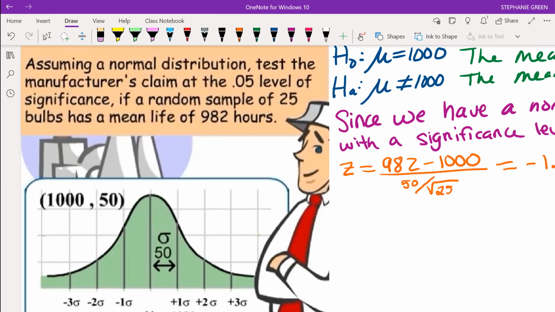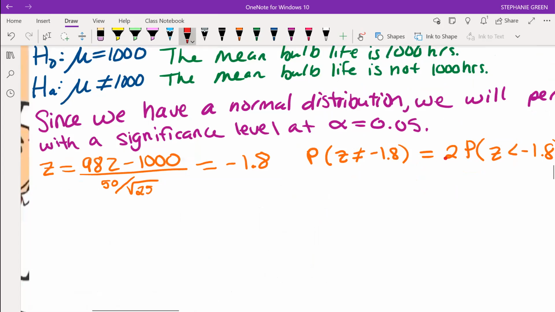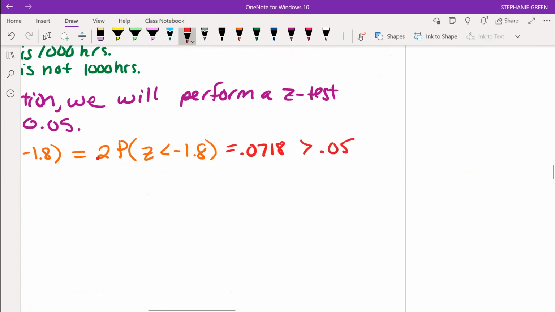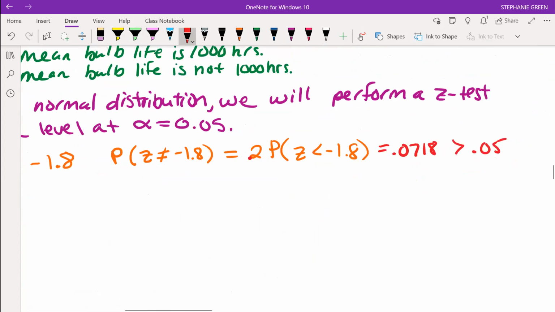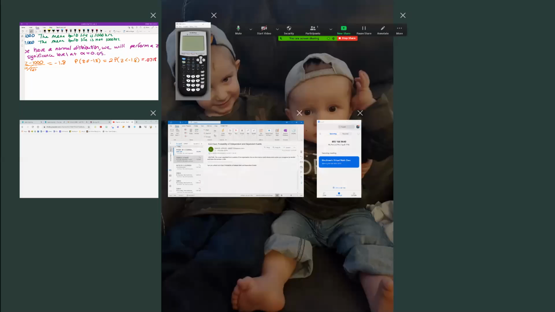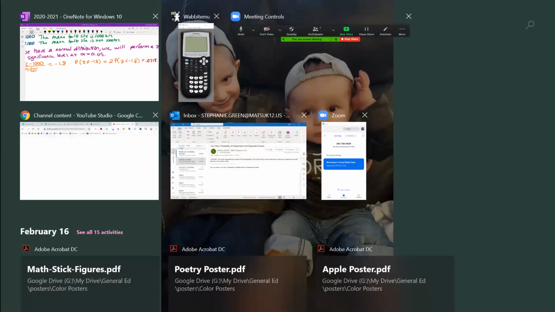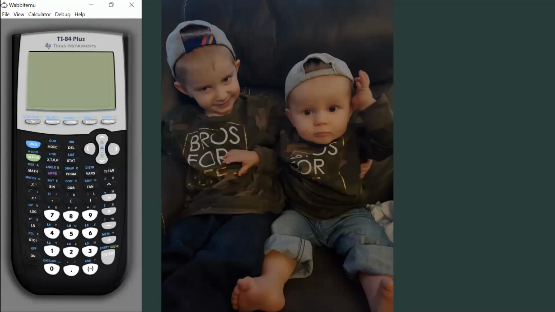Again, I can get those same numbers, the negative 1.8 and the positive 0.0718, using my graphing calculator. Let me show you that. I'll turn this on, clear that out, go to the stat button, tests, z-test. We're still on stats. Our mean is 1,000.